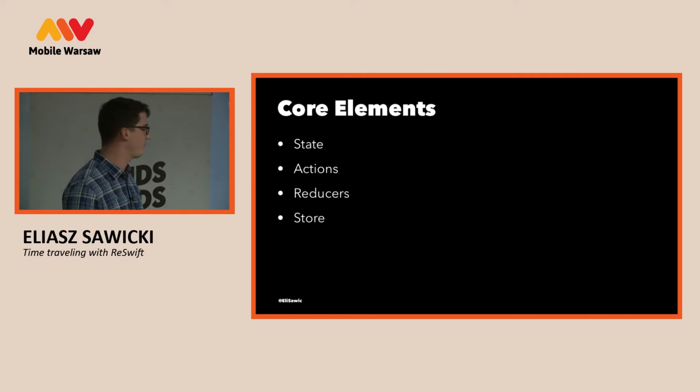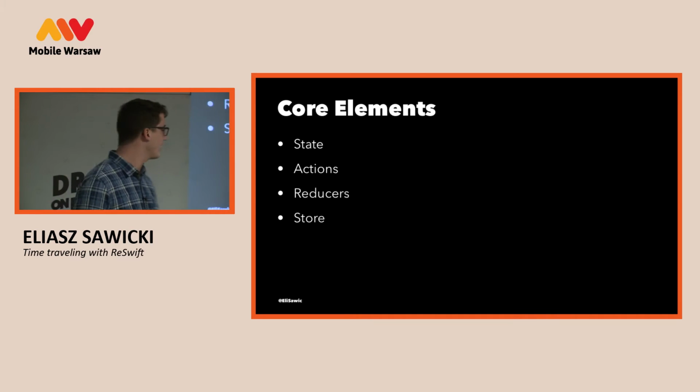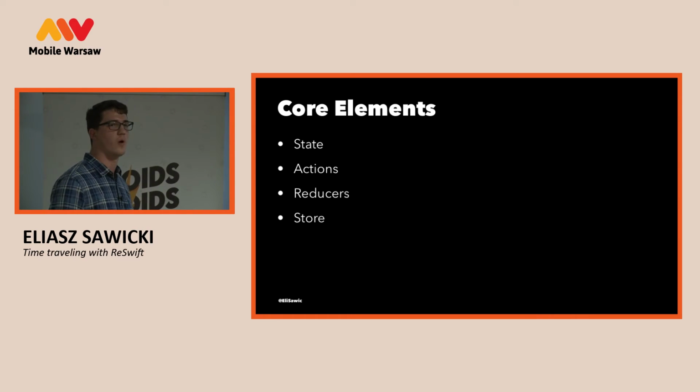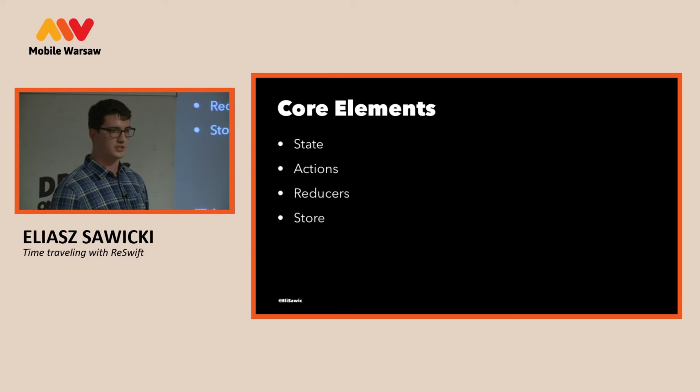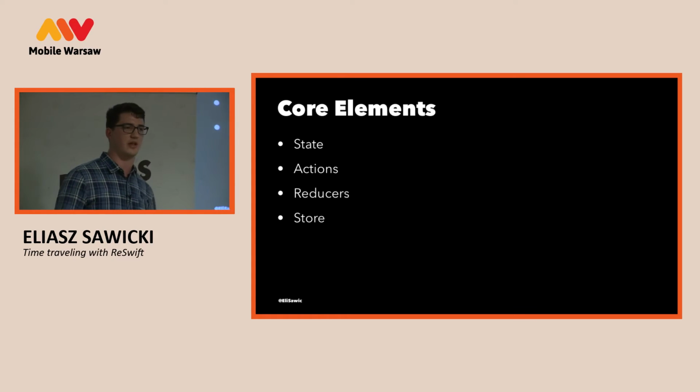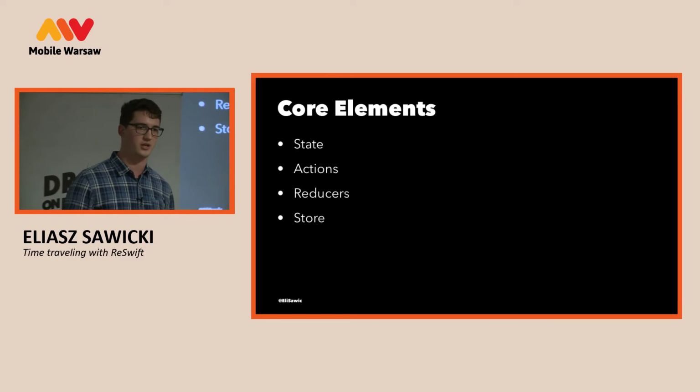That's the state of your application. There are actions that are used to change this state. There are reducers that know how to change this state based on a given action. And there is store that combines it all. But let's go slowly through all of them, and I'll try to bring it closer to you.